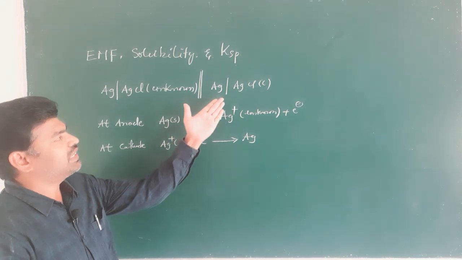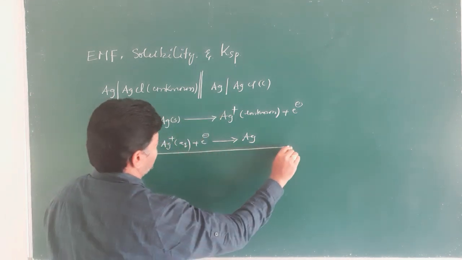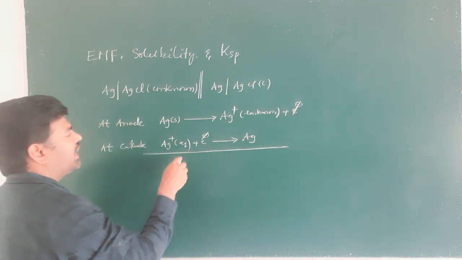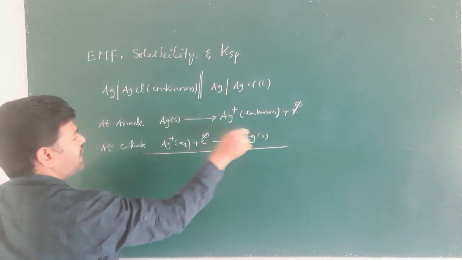This is the reduction that takes place at the cathode, and in the net cell reaction the electron gets cancelled, and Ag solid also gets cancelled.